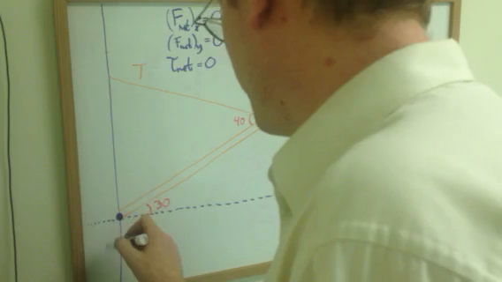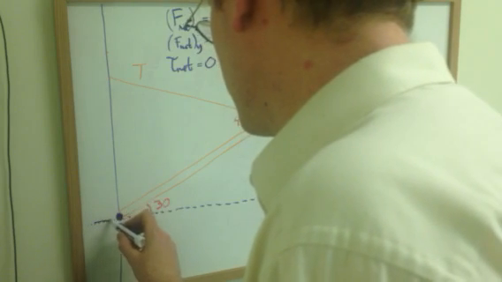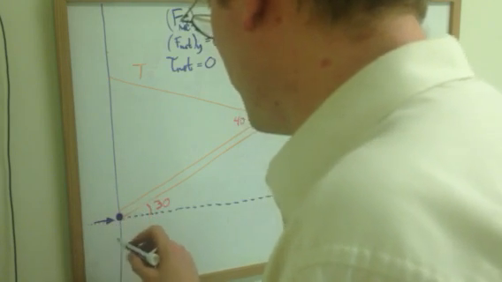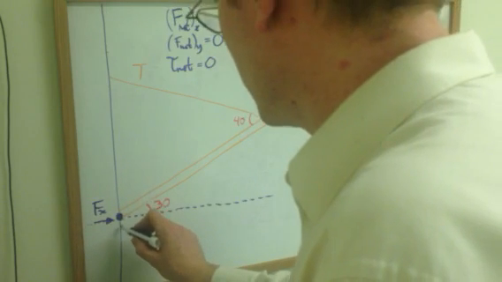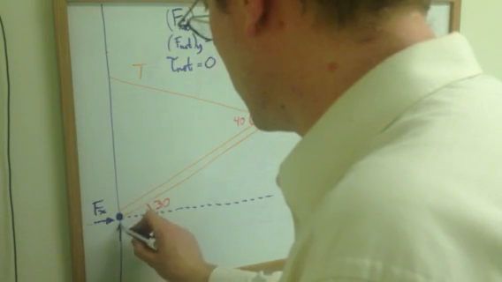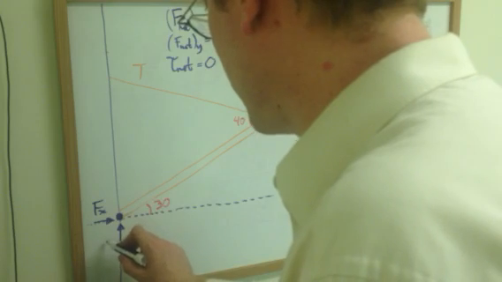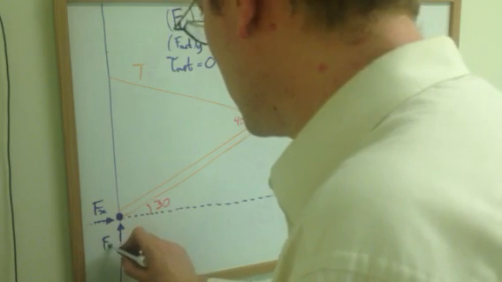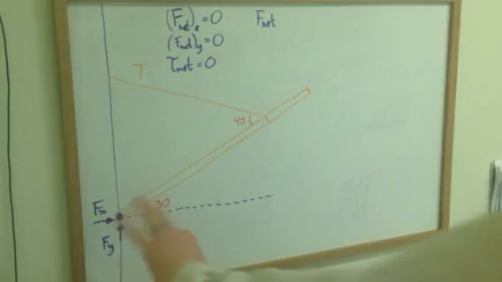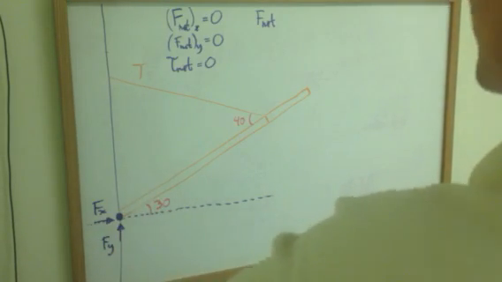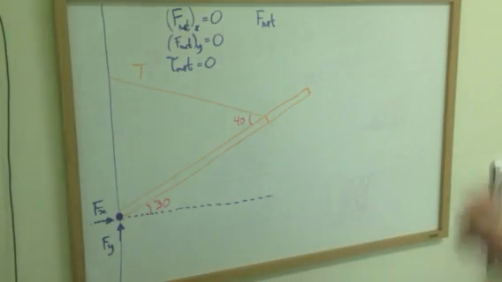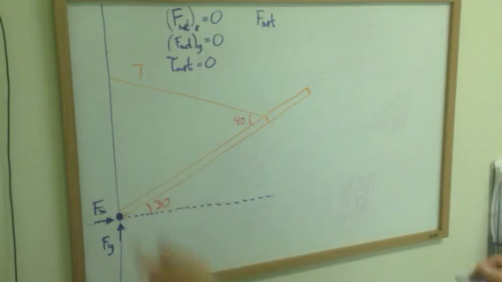There are going to be forces on this pivot. If there are forces on this pivot, they're going to have an x component and a y component. I don't know what either of those are. I don't know their direction. I don't know their magnitudes. They could be 0. They could be negative. I don't know right now. I'm just putting them there, and I'll solve for them.